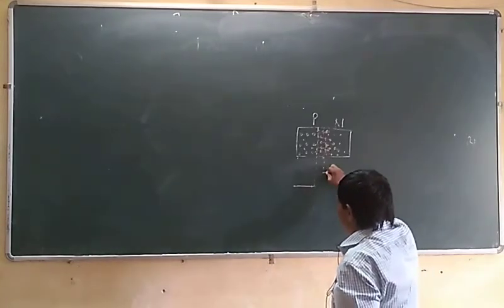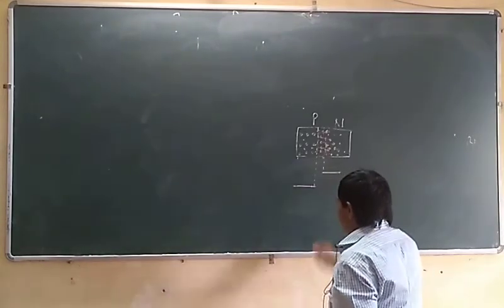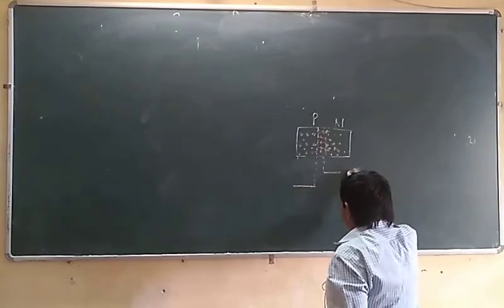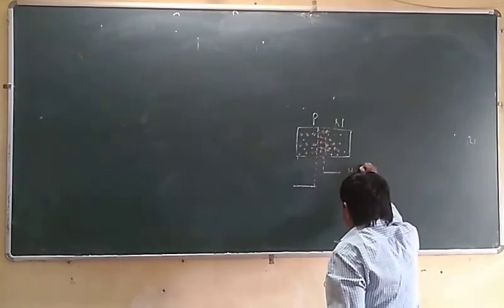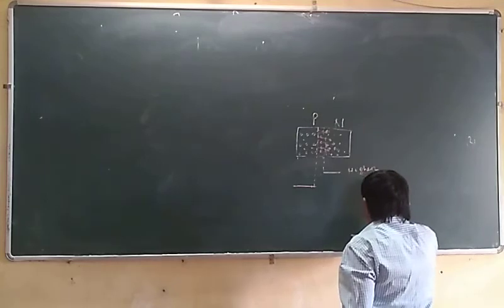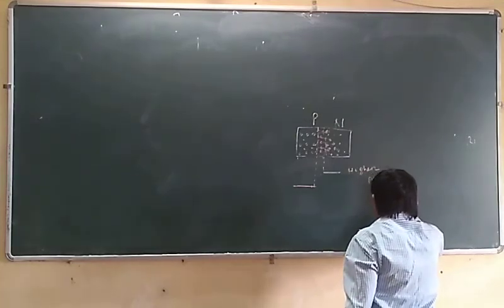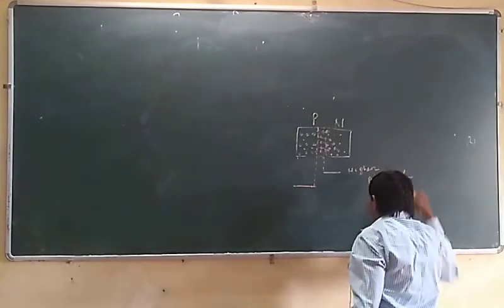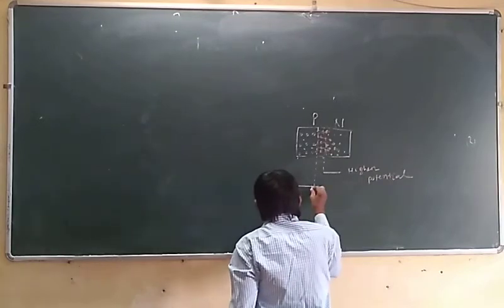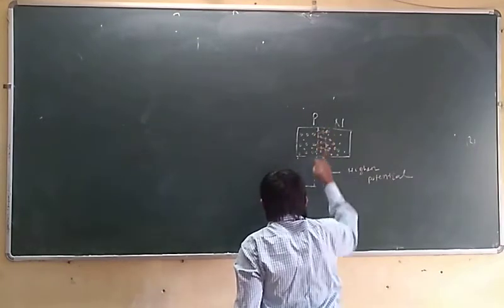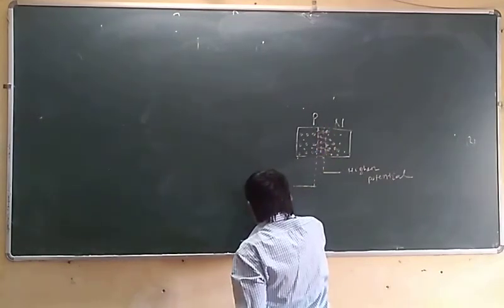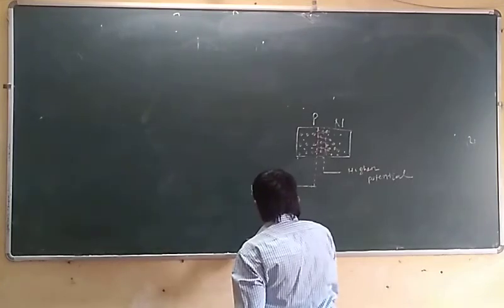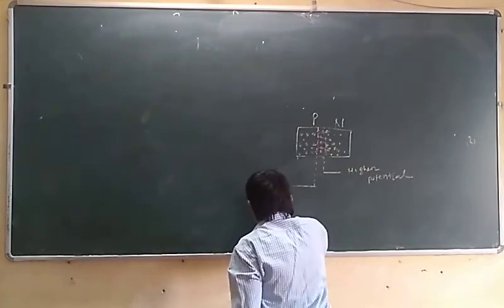So this is the positive potential and this is the negative potential. This positive potential is known as the higher potential, and the negative border or negative charge surface is known as the lower potential.